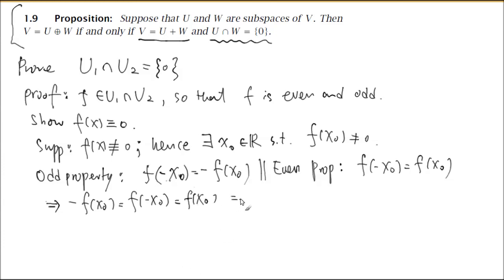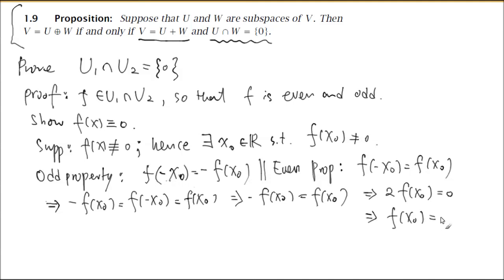So negative f of x0 is f of x0. You solve for it: 2 times f of x0 equals 0. Here we're using the scalar multiple inverse, dividing by 2, so 1 times f of x0 is 0. So f of x0 had no choice but to be 0.